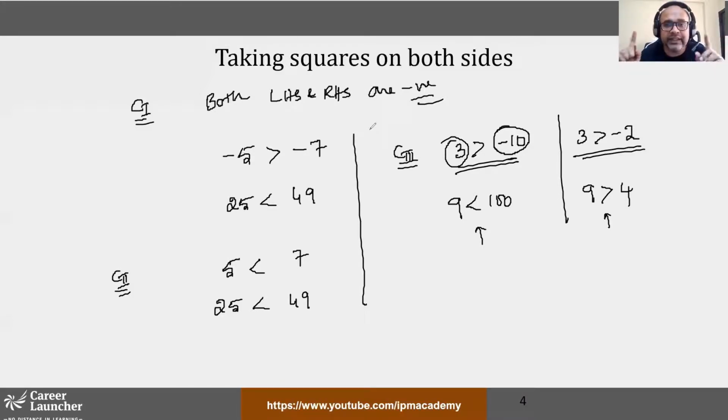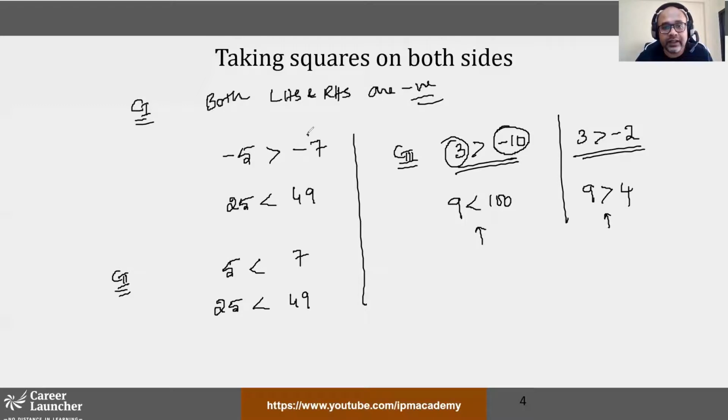So the one single point you have to remember, whether you call it case 1, case 2, case 3, any of these, is the squaring and thereby the sign, the greater than or less than, which side it is. It depends upon the magnitude of what you're taking.